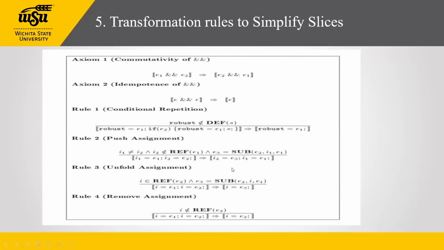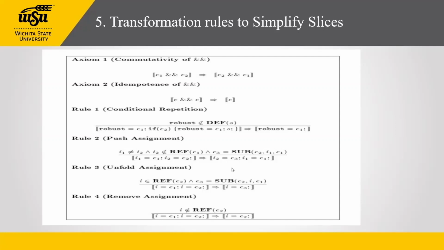Now there are some transformation rules for simplifying the slice. There are exemption 1 and exemption 2. Exemption 1 is the commutativity of operands, and I can explain some about it. Commutative means, for example, there are 3 laws related to the commutativity of adding.